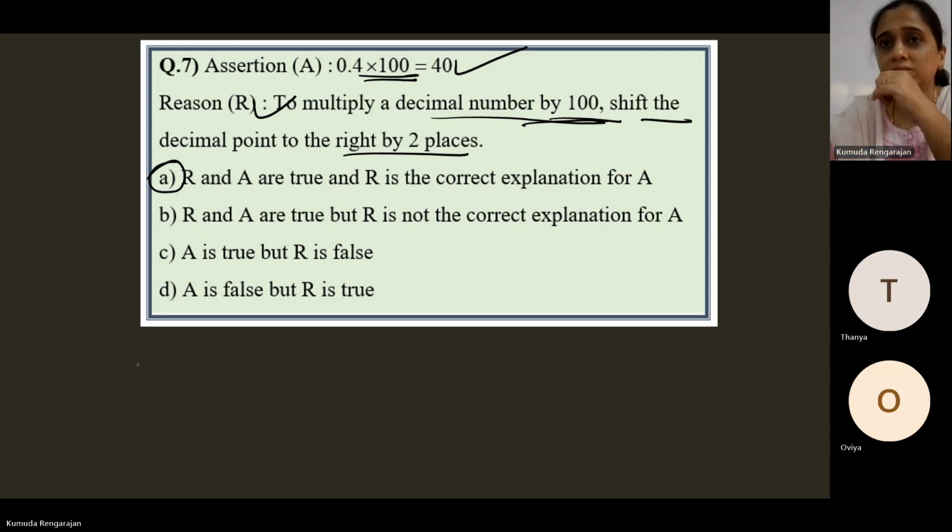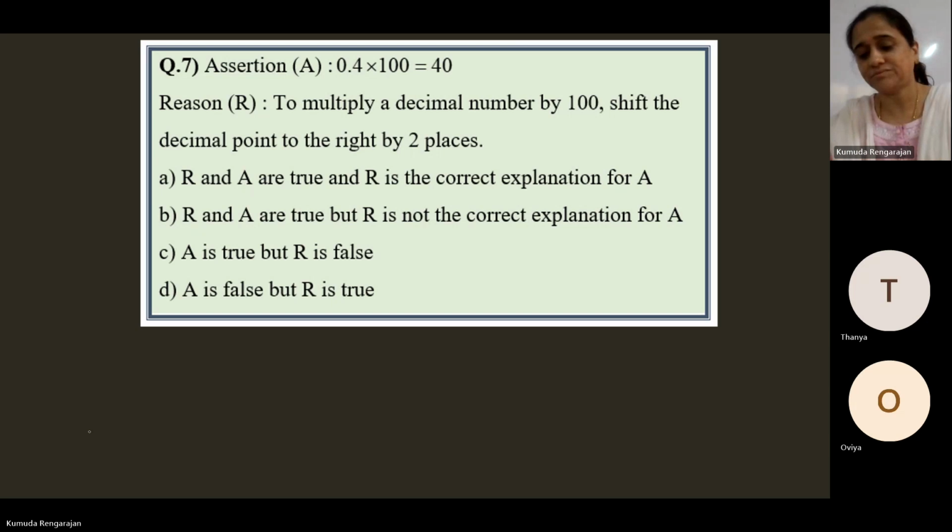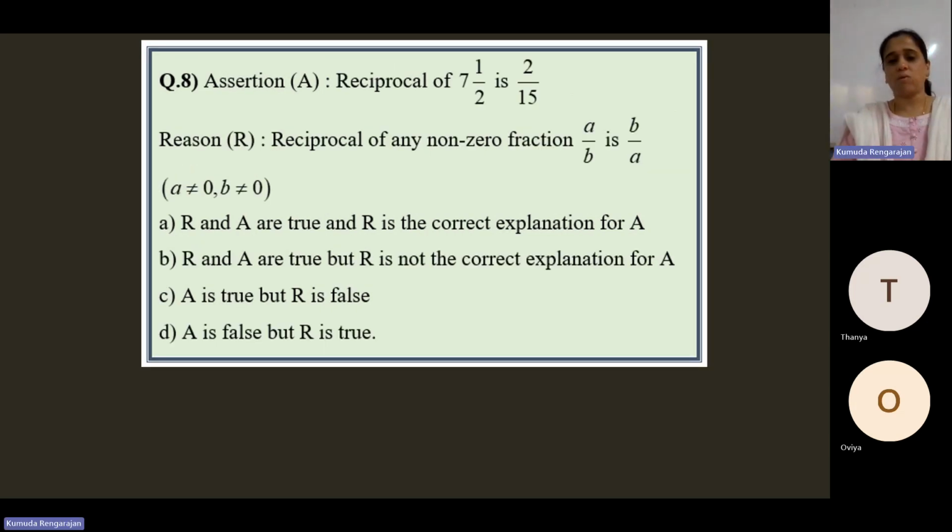This is the next one. Reciprocal of 7.5 is 2 by 15. Correct. Because 7.5 is 15 by 2, so the reciprocal is 2 by 15. This is true.